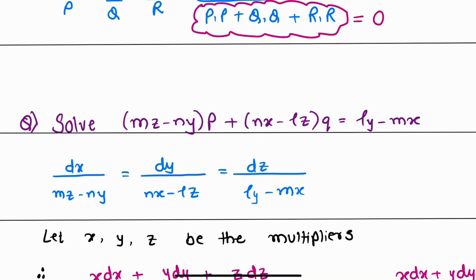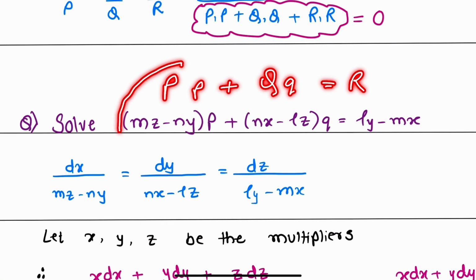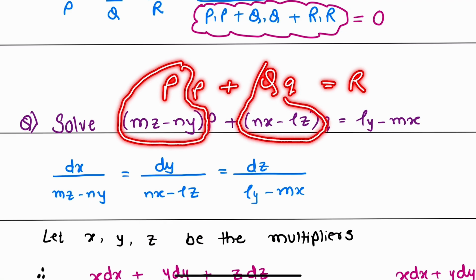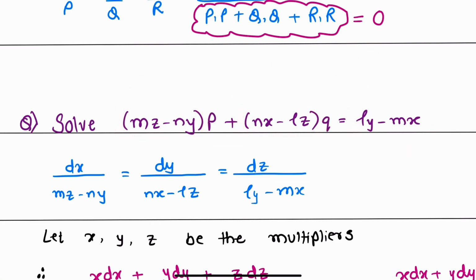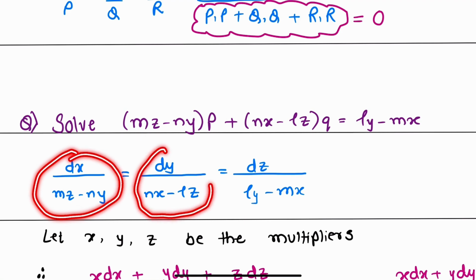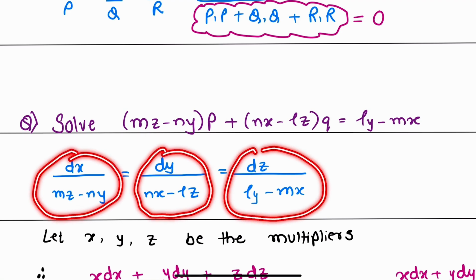This is in the form of P into p plus Q into q equals R, where P is this particular term, Q is this, and R is this. So we write the auxiliary equation as dx by P equals dy by Q equals dz by R.